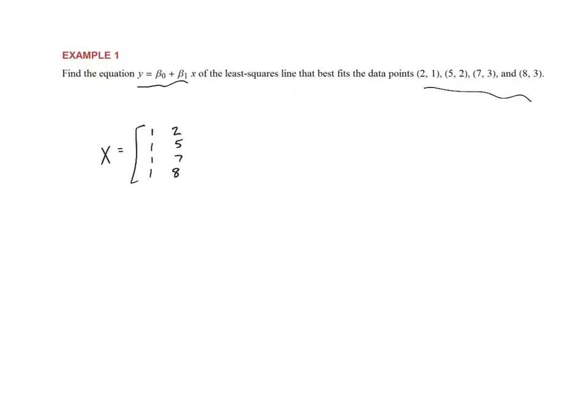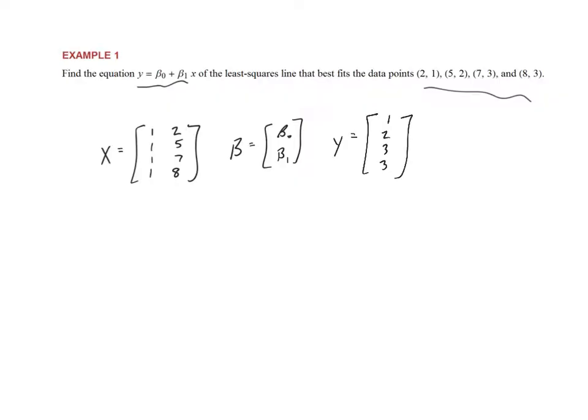That's the factor being multiplied by b1. That's my X. Then the parameter vector is b naught, b1. And finally, the observation vector Y is all of the y coordinates: 1, 2, 3, 3.